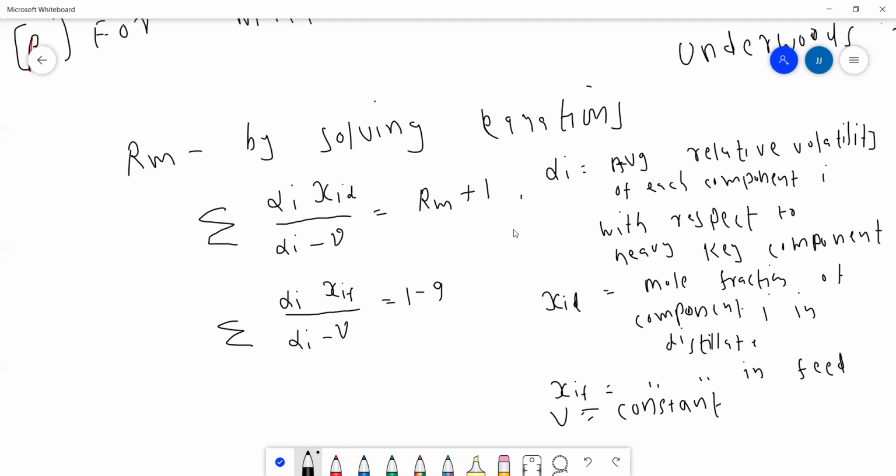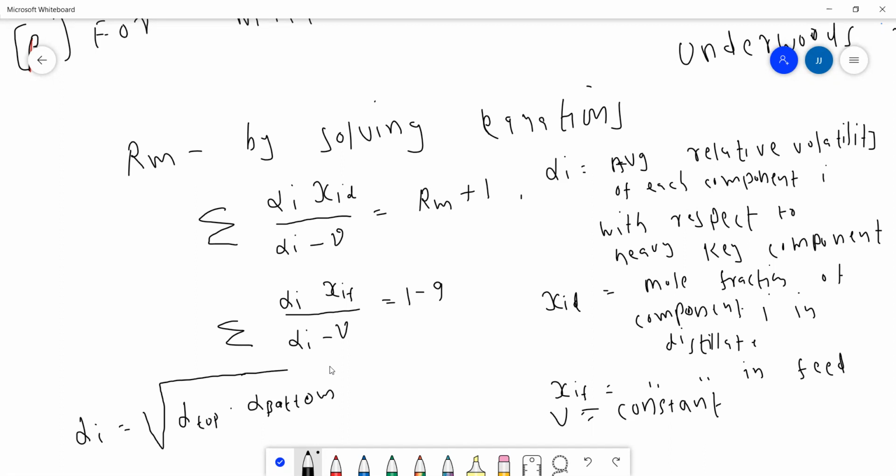Here you can take alpha average. This is the average relative volatility. So you can take alpha I is equal to the square root of alpha top into alpha bottom.